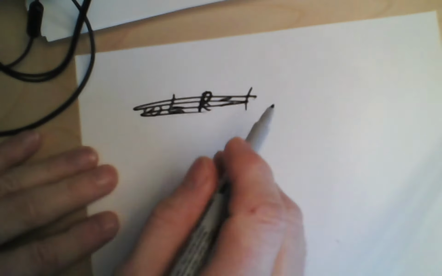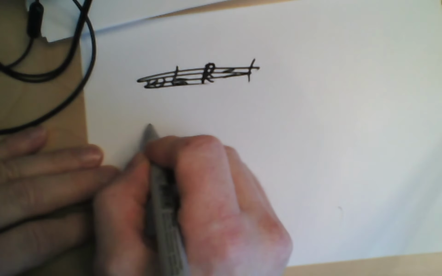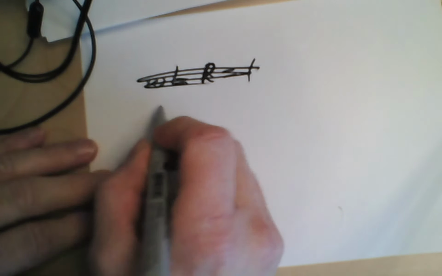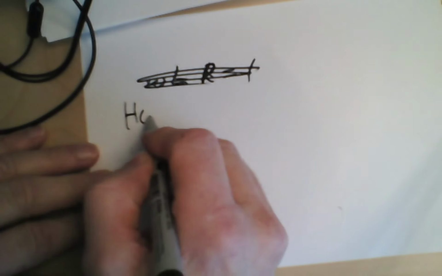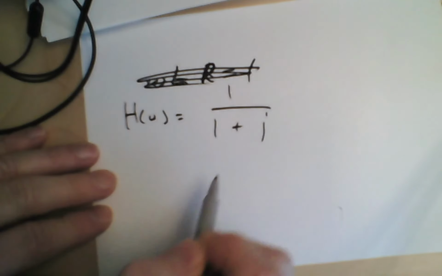So how to calculate the 3 dB point here: you check when H of omega is 1 plus j.